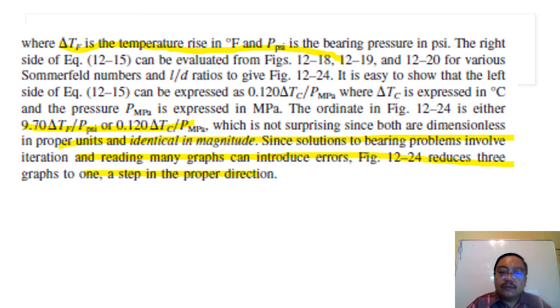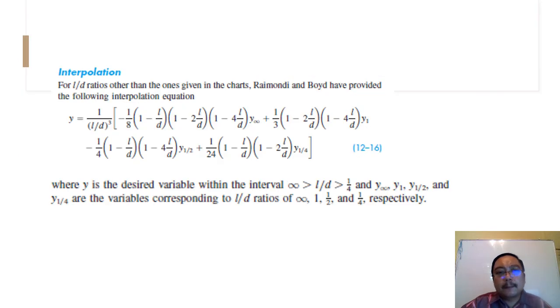In other words, you cannot make a mistake at the first graph, especially at the Sommerfeld number. If you make a mistake and do the equation wrong, you may be wrong all the way. You must remember the Sommerfeld equation all the time. And this is the interpolation over the ratio other than given in the chart.